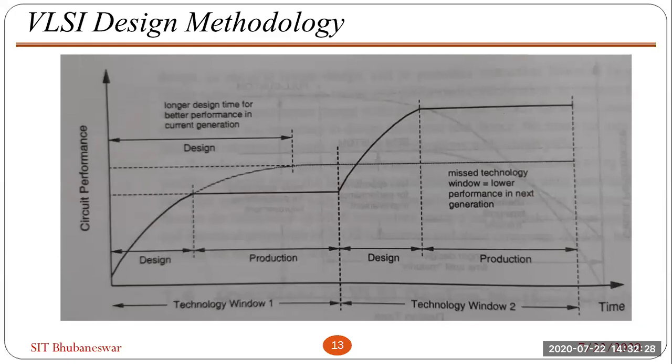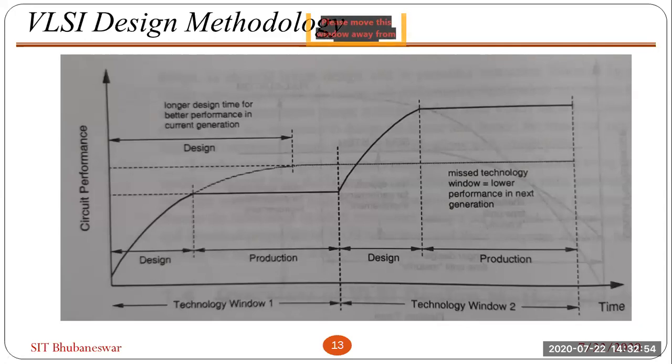It is said about circuit performance. In the last part, on the right side, it's written as missed technology window. What does that exactly mean? The quality has reduced. Yes, quality. See, missed technology window means lower performance.